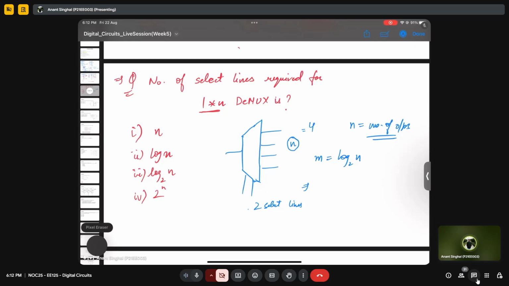If I put n as 4 here, m will be log to the base 2 of 4, which is 2, and that is correct, it has 2 select lines. So the third option is the correct answer.